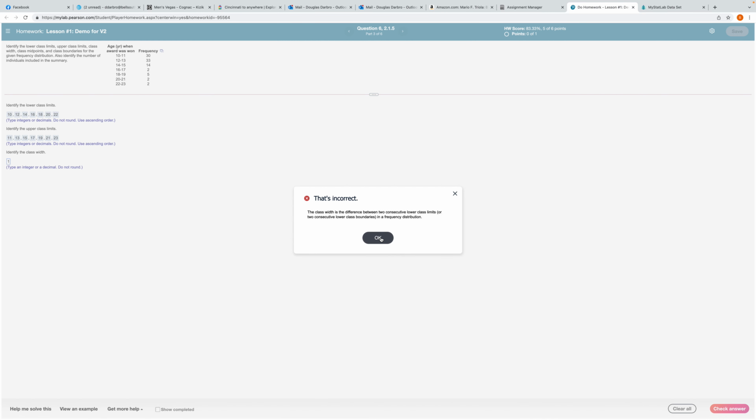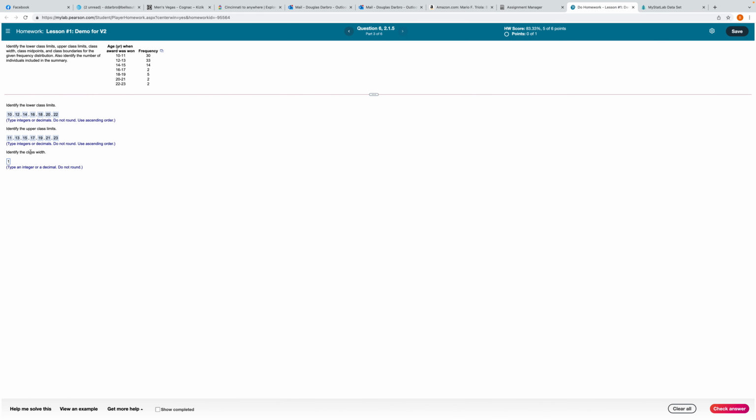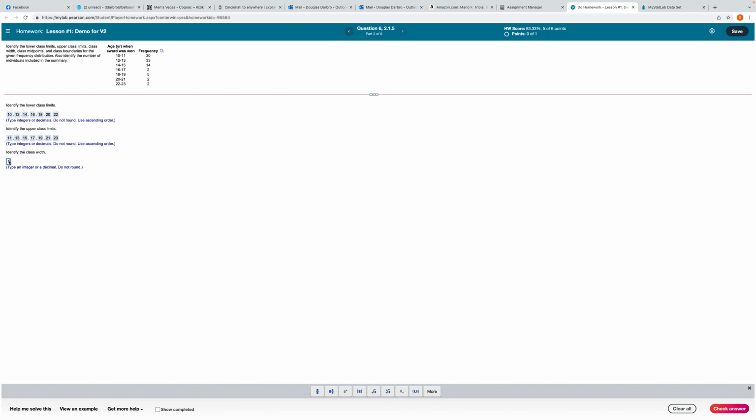Okay, wow. I'm actually kind of glad this happened because I got sloppy. So that's incorrect. Why is it incorrect? The class width is the difference between the two consecutive lower class limits. All right, good deal. So the class width is not 1. The class width, as I taught you previously, is the difference between the lower bounds of each class.